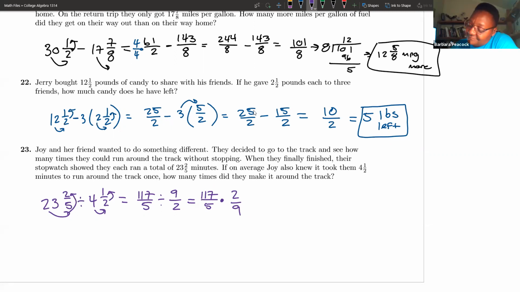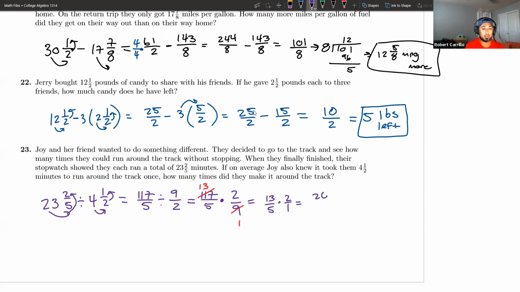So if I take a 9 out, that becomes 13, that becomes 1. And what I'm left with is 13/5 times 2/1. We get 26/5. But now we have to put it into terms that are understandable.